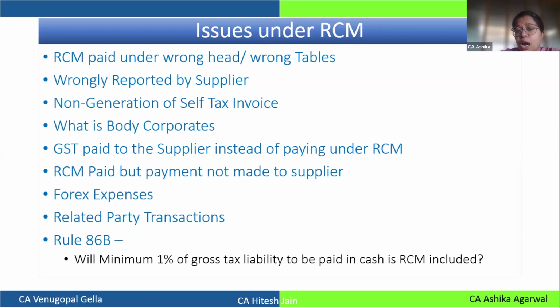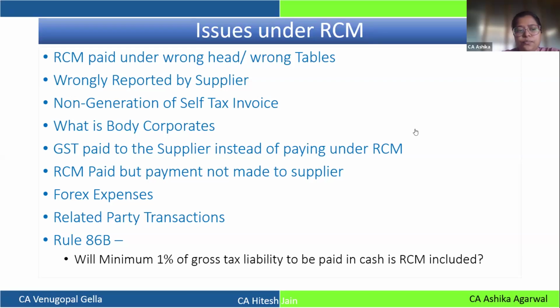But when it comes to RCM, they are not limiting body corporate to companies. They are saying even an LLP, limited liability partnership, will also be covered as a body corporate. So you need to be careful while checking your applicability. If you are a limited liability partnership, for an RCM notification you are a body corporate and accordingly you have to determine your RCM. That's the reason we put this in as an issue.